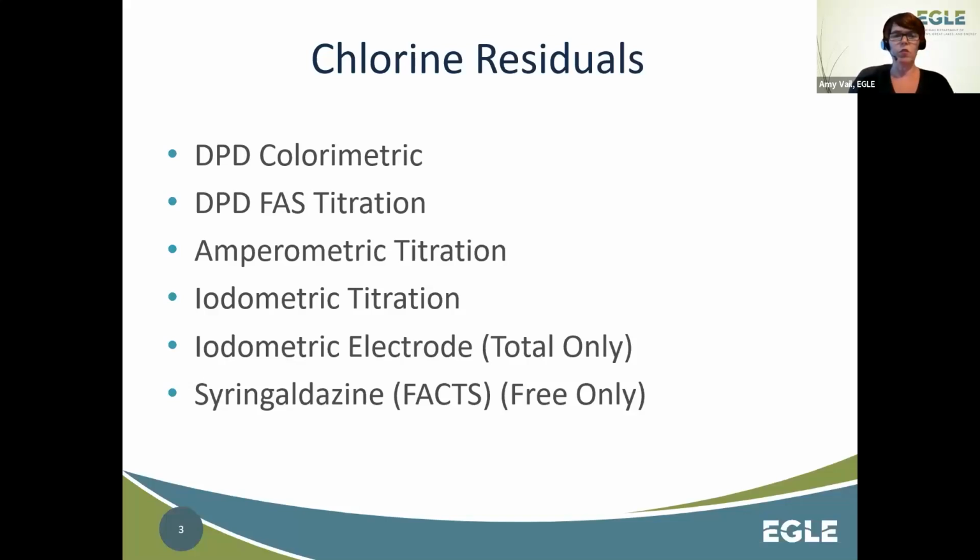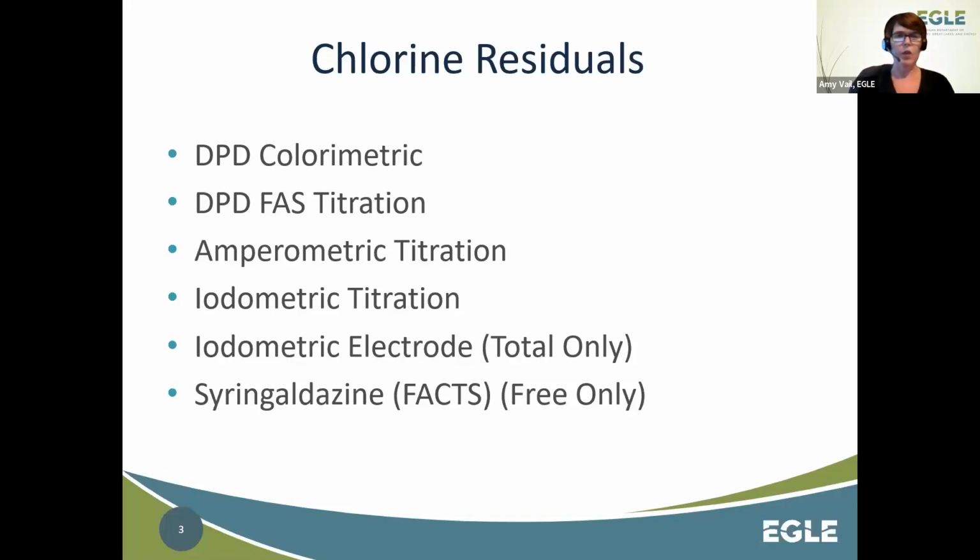With those, you're putting specific amounts of an acid into the sample with a base and looking for a reaction. DPD titration is using the same exact chemicals that you use in the colorimetric method, just doing a titration that way. The amperometric titration is using electricity, looking at the resistance when you're doing the titration. So you're looking for an electrical change.